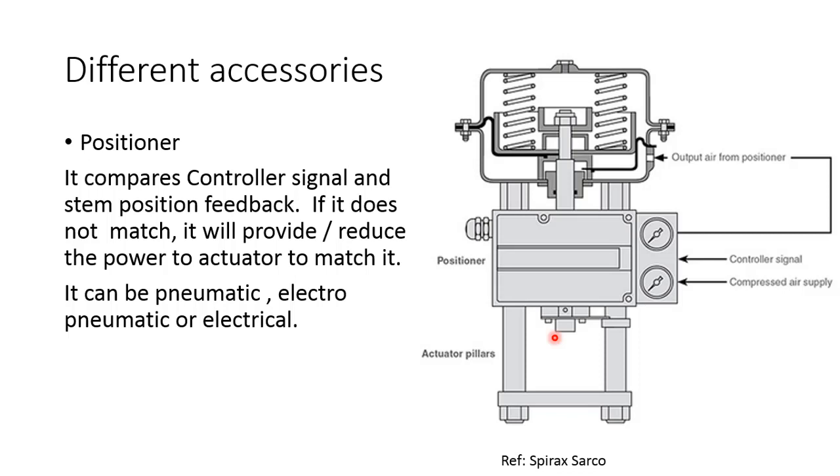As you can see in the figure, compressed air is supplied to the positioner along with the control signal. Compressed air can be 7 bar, 6 bar or 5 bar depending upon what is required and how the actuator is selected. And the control signal is normally 4 to 20 milliampere for electro-pneumatic positioner.